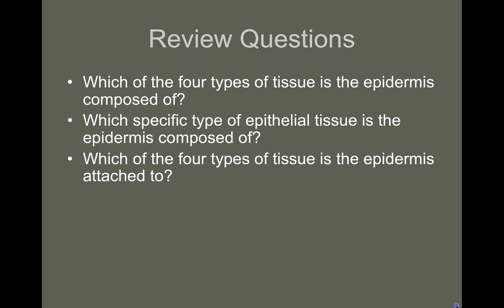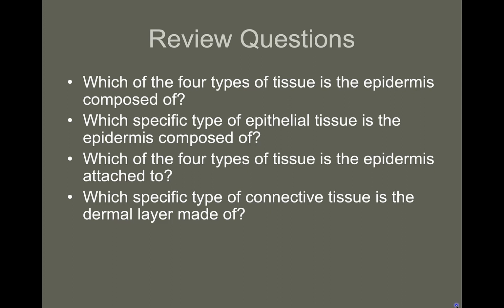All right, now which of the four types of tissue is the epidermis attached to? And hopefully you said that that would be connective tissue. And then what is the specific type of connective tissue that dermal layer is made of, or our dermis?